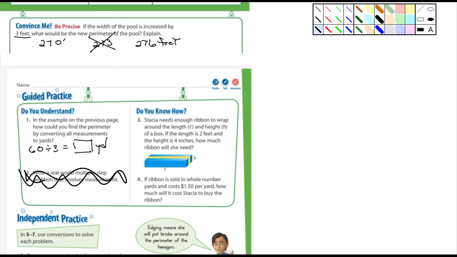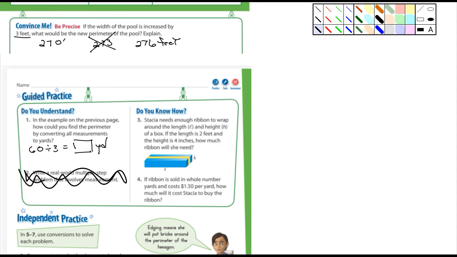Number 3, Stacia, is that how you would say that? Needs enough ribbon to wrap around the length and height of a box. If the length is 2 feet and the height is 4 inches, how much ribbon will she need? So 2 feet, let me ask you this, 2 feet is how many inches?